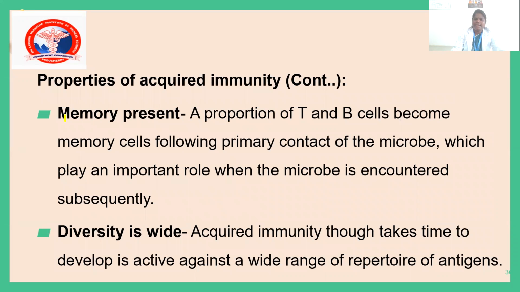It needs memory. The T cells and B cells will recognize the same antigen if it comes again, that's why memory is present. Diversity is wide. Acquired immunity takes some days to develop, but it is a wide range.